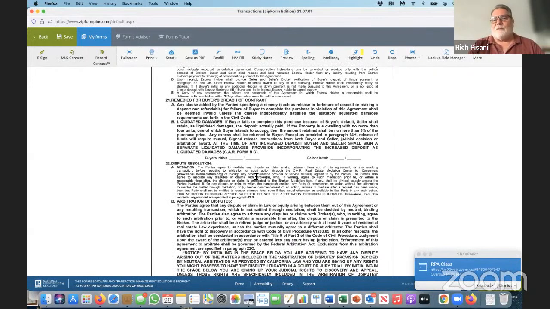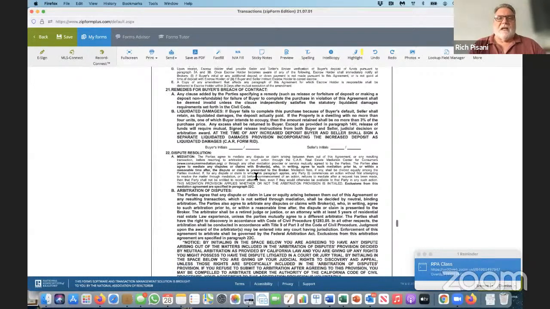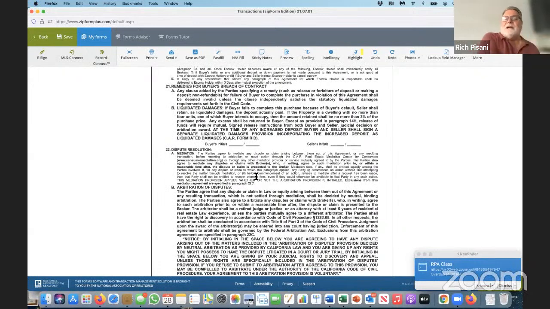Okay, remedies for breach of contract. I've touched on this. Liquidated damages. Why do we want 3%? Because if the buyer is occupying the property, and both parties sign off on liquidated damages, the limit that the seller can sue for is that 3%.